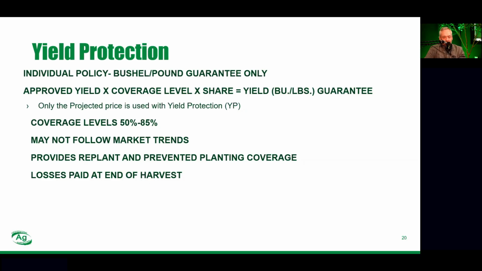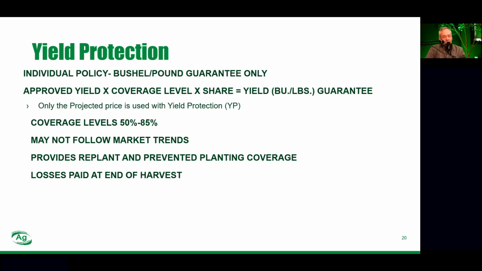Coverage levels from 50 to 85%. Again, most common is 70 to 85% in our area. They may not follow market trends. And what I mean by that is if the price is going higher or lower from the month of February when that spring price is set, yield protection isn't going to adjust any guarantees for that movement in price. It is only going to protect your bushels.